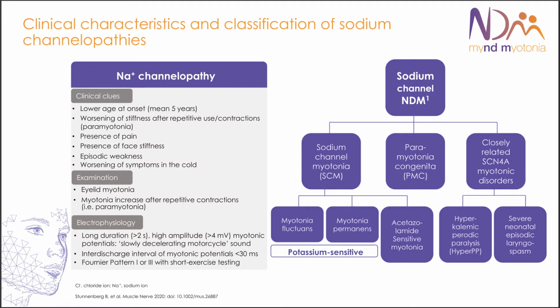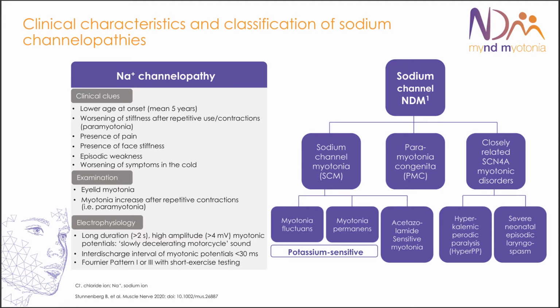On electrophysiology, you see long duration, more than 2 seconds, high amplitude myotonic potentials, a slowly deteriorating motorcycle sound, and an interdischarge interval of myotonic potentials of less than 30 milliseconds. The Fournier pattern has already been shown, with pattern 1 or 3 after short exercise testing.